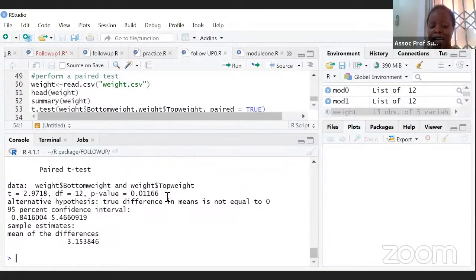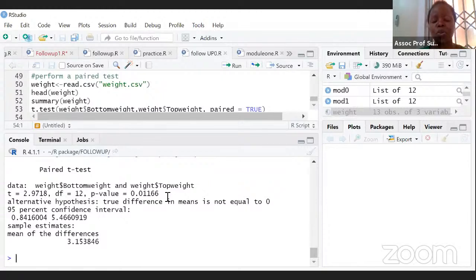So if you're saying that at 5%, there is a significant difference between the weight of bottom and top, that implies that you're 95% confident that there is significant difference in the weight of the bottom and the top. But 5% of the times, there are no differences. So when you specify your significance level, remember that if you make it big, 10%, you're going to make 10% error in your conclusions.